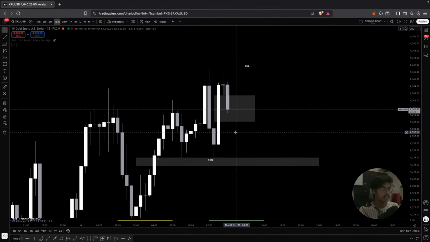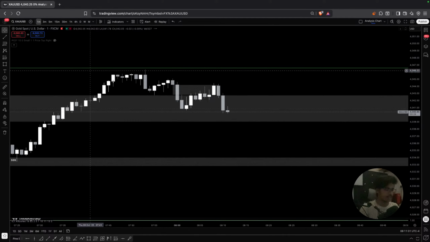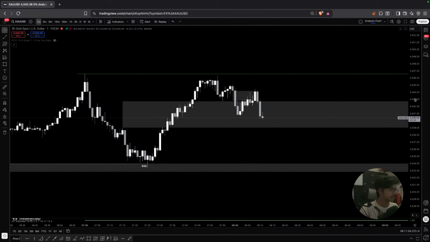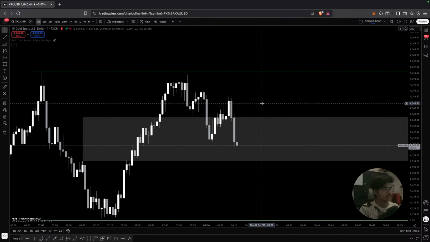But right now I'll look for buys because this is the fair value gap which is supporting the point. Let's sit back and see what the market wants to show us.